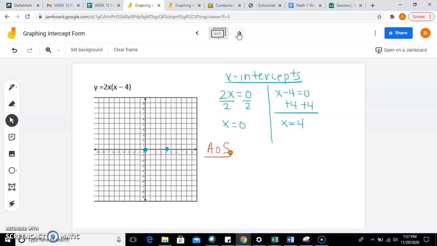So then to do the axis of symmetry, we're adding our x values and dividing by 2. So my axis of symmetry is at +2. So that is the middle of my graph. Then we're going to plug it in to find the vertex.